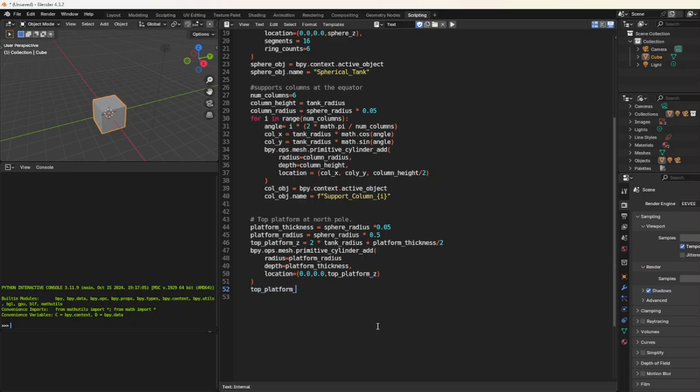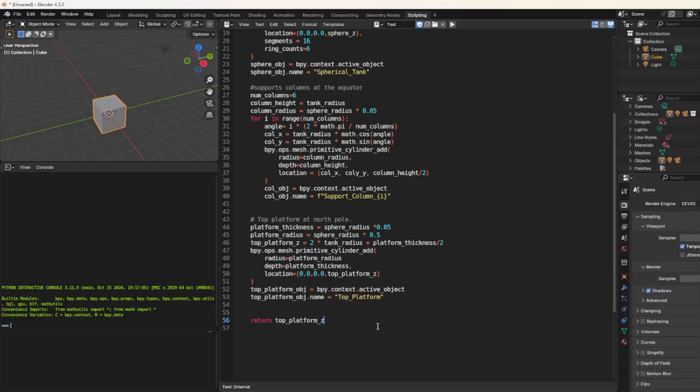Then top platform obj is bpy.context.active_object, and top platform obj.name is top platform. So we're just naming it again, and we're going to return top platform z.